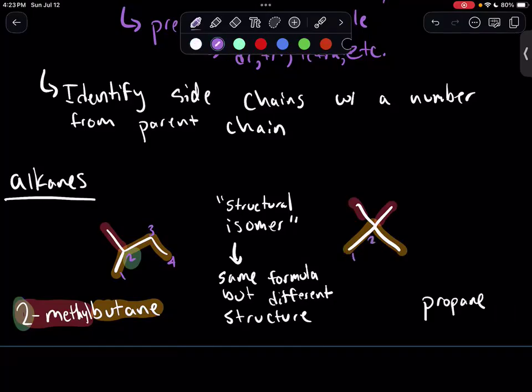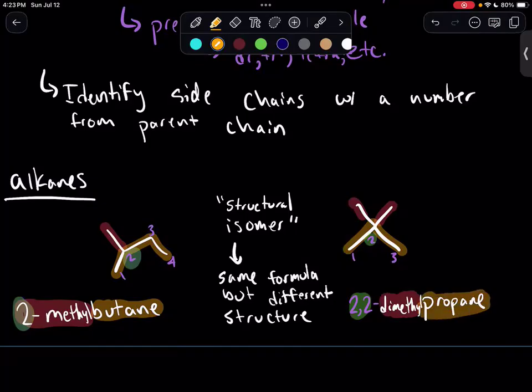Looking at my numerical system, 1, 2, 3, these are both coming off 2. So I'm going to say 2,2-dimethylpropane. And there it is. The numbers come from where the branches are, the methyls come from there, and the propane is the parent chain.